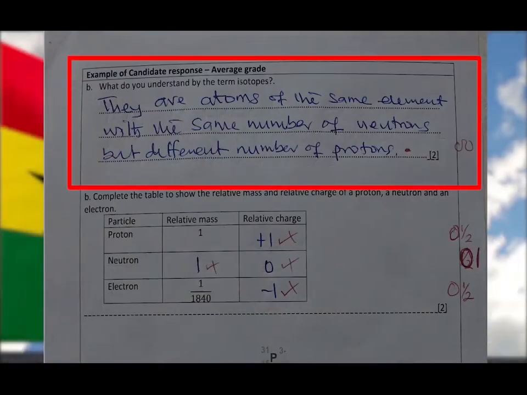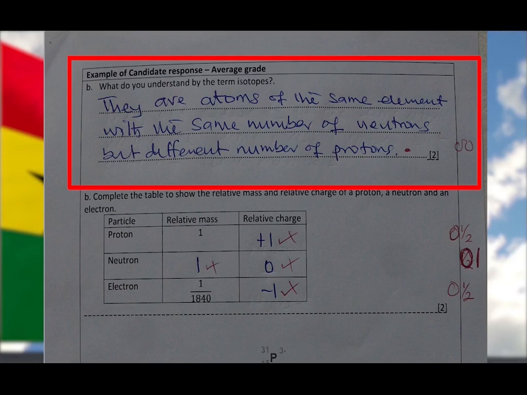Letitia, you partially gave a correct definition for isotope by stating that they are atoms of the same element, but failed to appreciate that they are made up of the same number of protons and not the same number of neutrons. You said they are made up of the same number of neutrons and different number of protons.